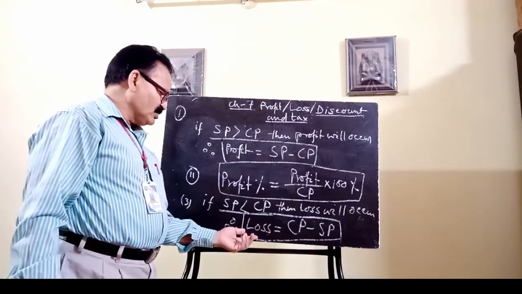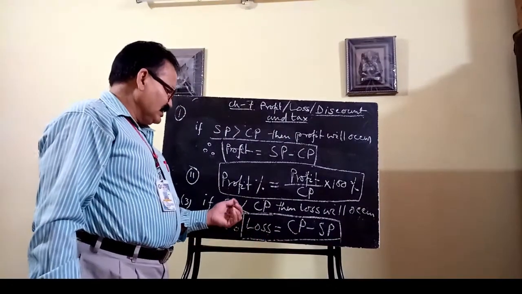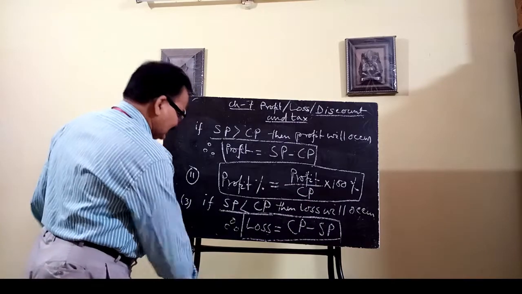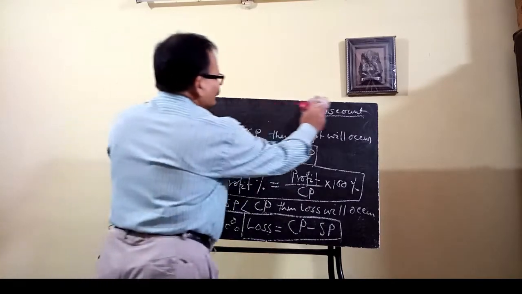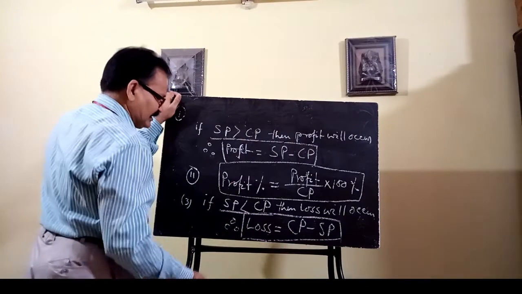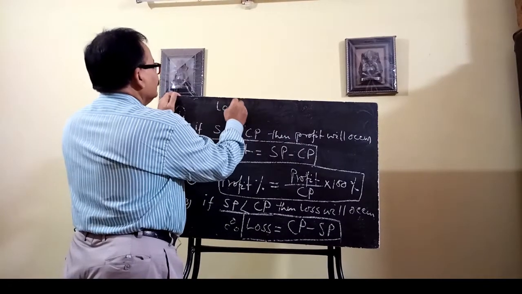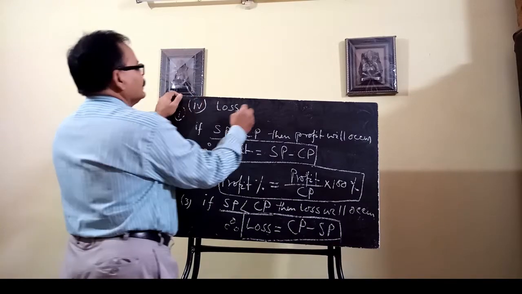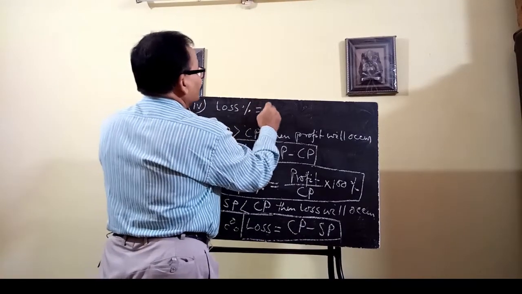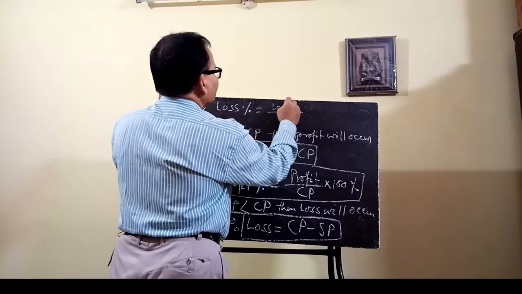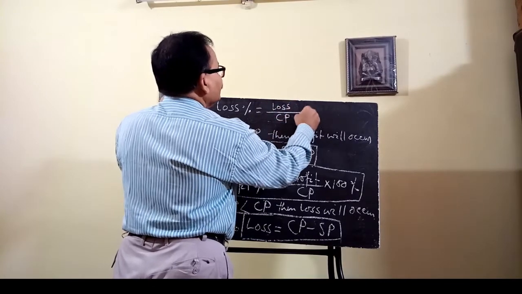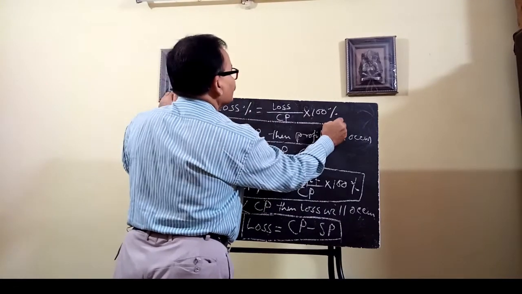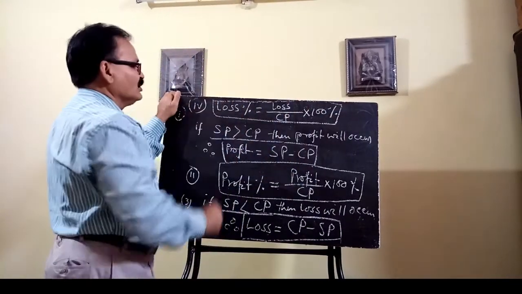So SP is less than CP, so loss will occur. This is formula 3. Now formula 4, for finding the loss percent, you have to write loss in the numerator, the denominator is CP into 100, then put a percentage symbol.